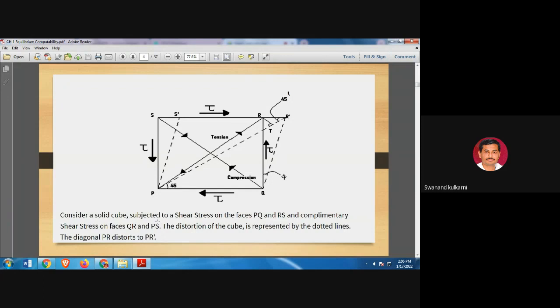G is shear modulus or modulus of rigidity. And K is bulk modulus. So E, mu, G, K, these are the four elastic constants.